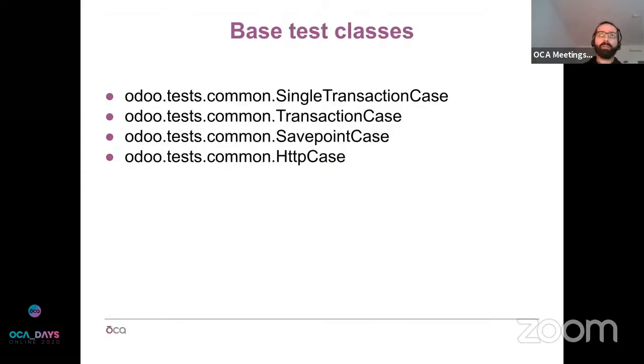A quick panorama of the base test classes that the Odoo test framework offers. We have the SingleTransactionCase, which is basically a test case class where every test runs in a single transaction.